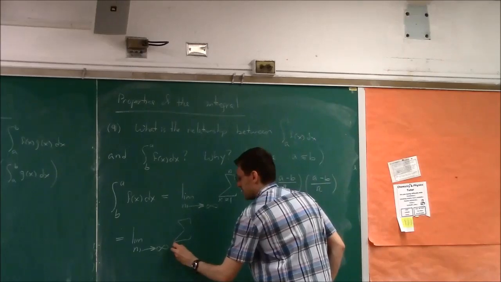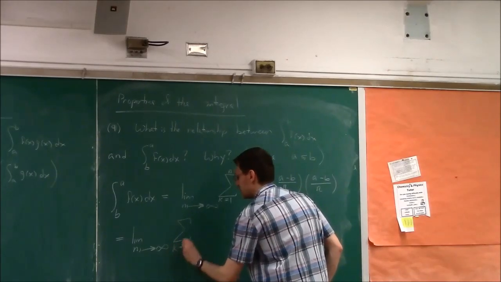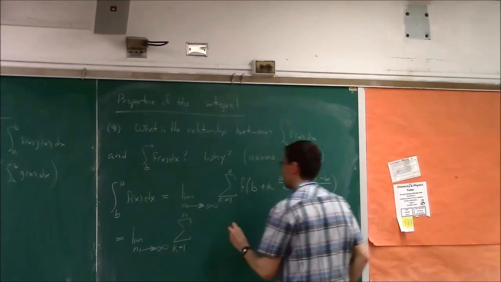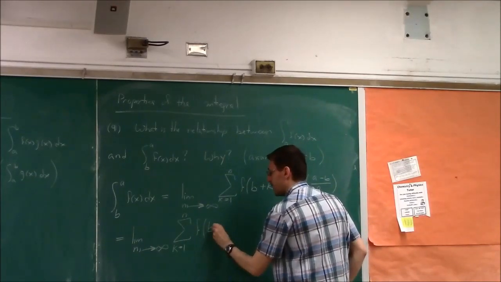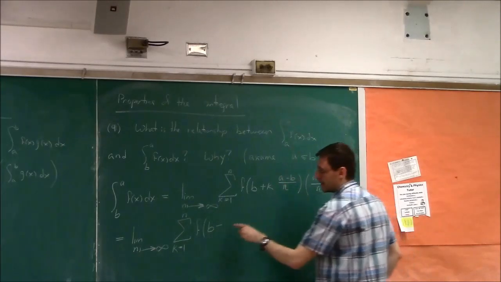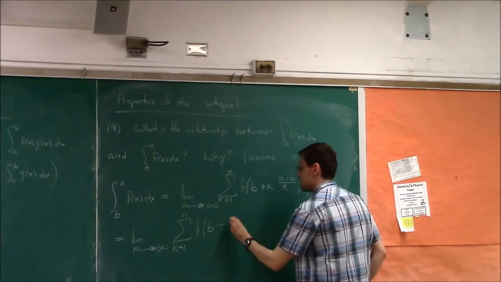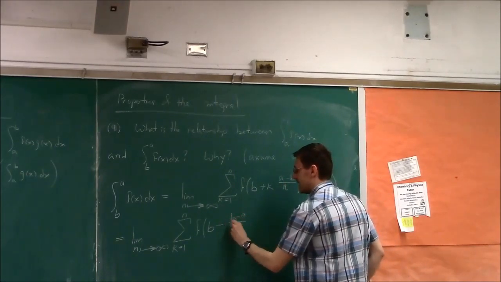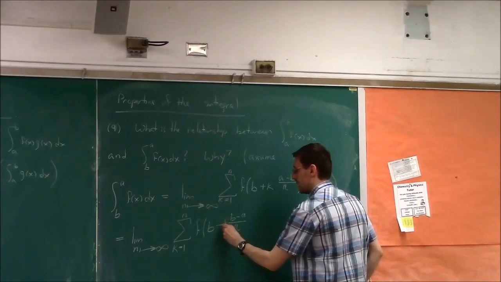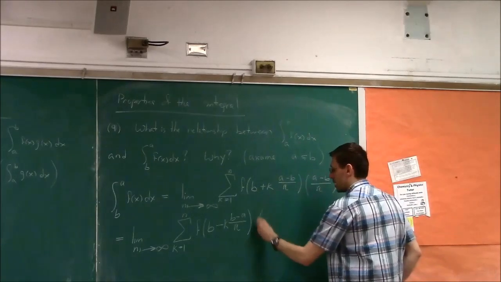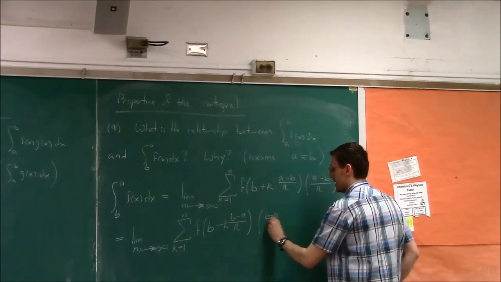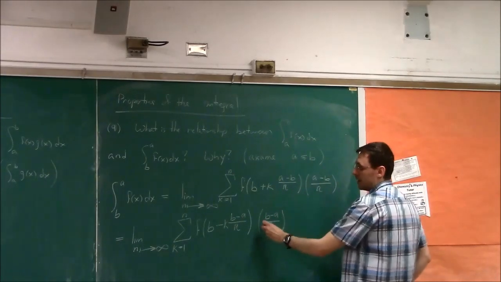So this is k equal 1 to n, and this is f of b, and I'm going to now change this. I'll write minus b minus a divided by n times k. And this I will also rewrite as b minus a divided by n, but then I need to put a minus.